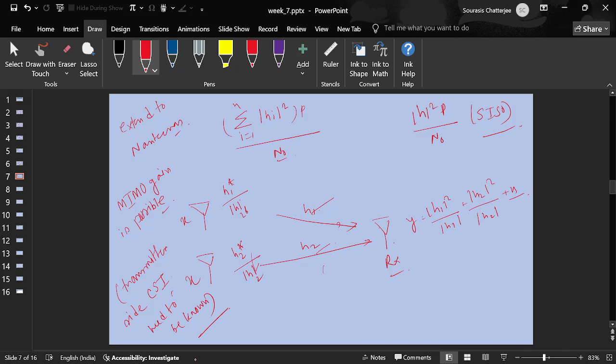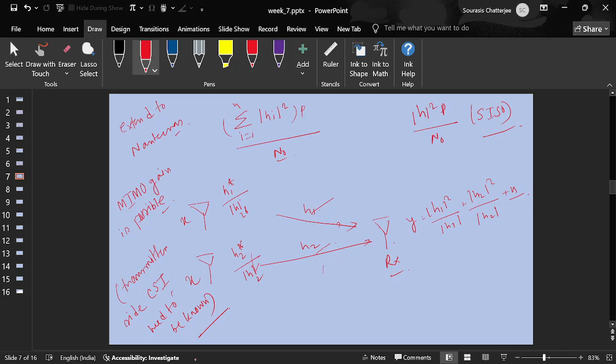Basically it operates in TDD mode, that is time division duplex. That means if we are talking about a particular slot, let's say hypothetically half of the slot is reserved for uplink transmission and half for downlink transmission. So we are using something called TDD reciprocity.